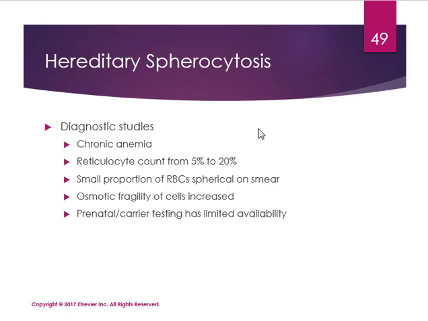You will notice some osmotic fragility in the cells, and then there are some tests out there to assess for prenatal or carrier testing, and those have been shown to have limited availability.